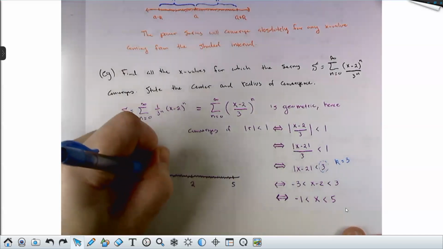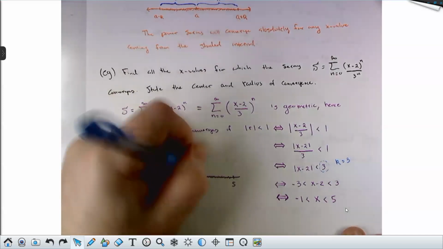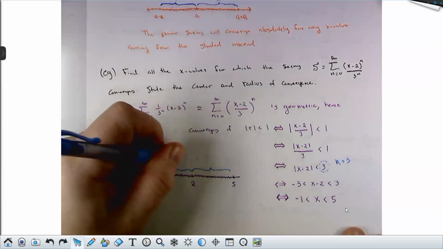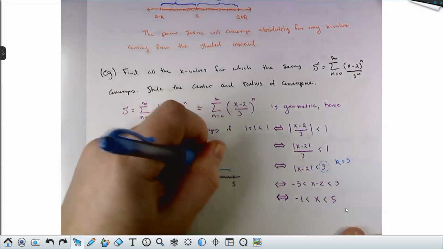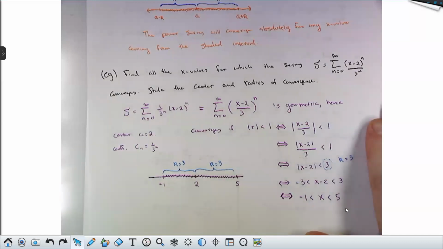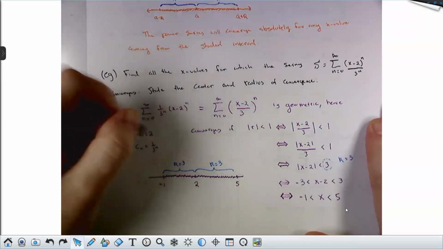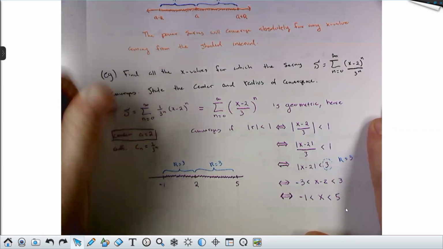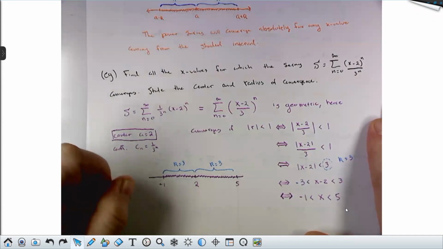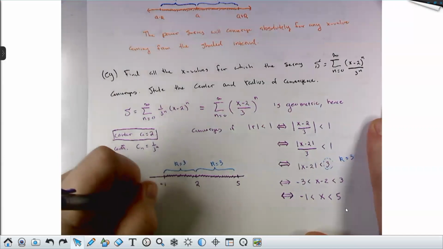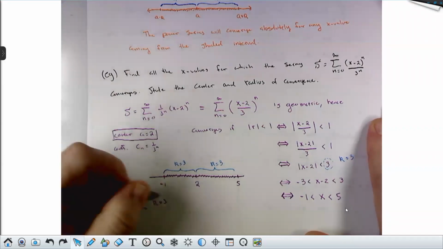And you see that this distance is the same. So the radius of convergence, the center we already found, right? We saw that right away. And the radius of convergence is r equals 3.